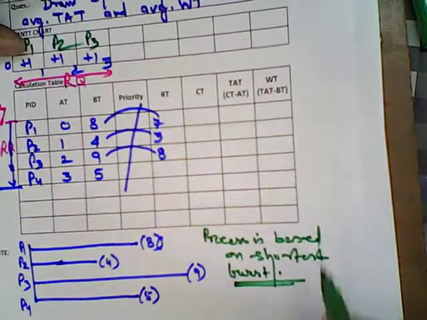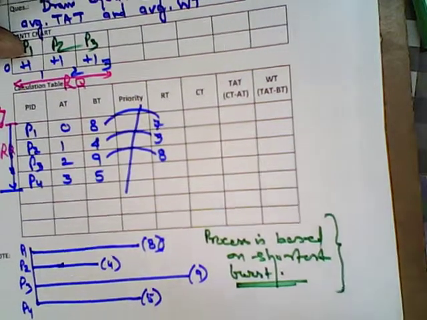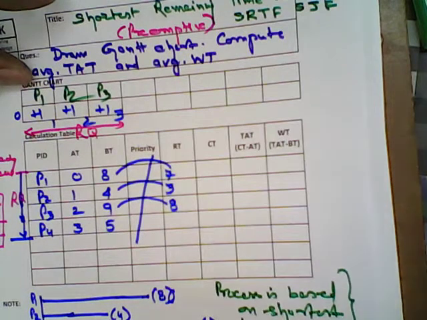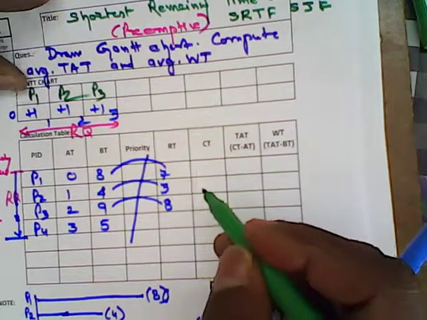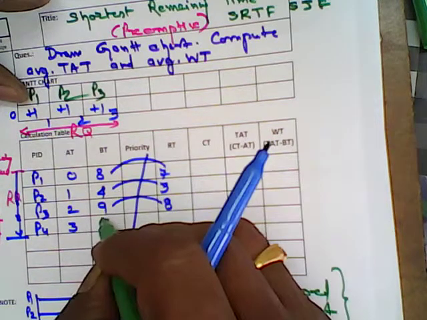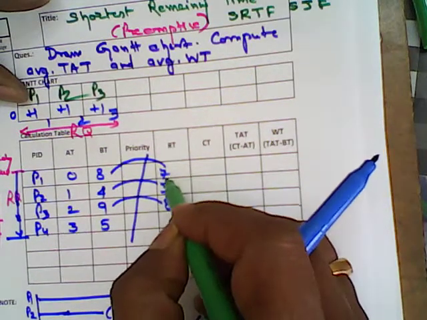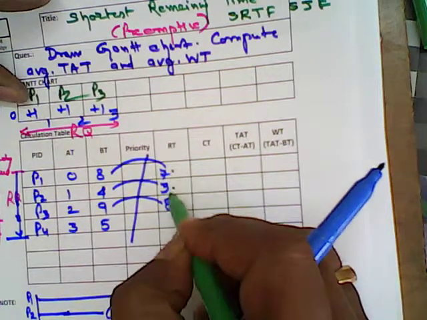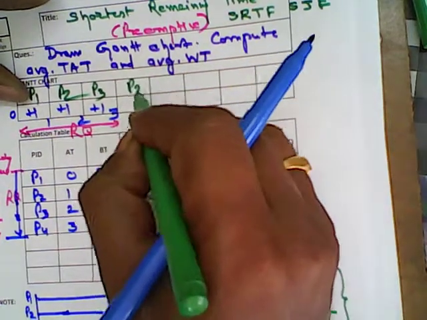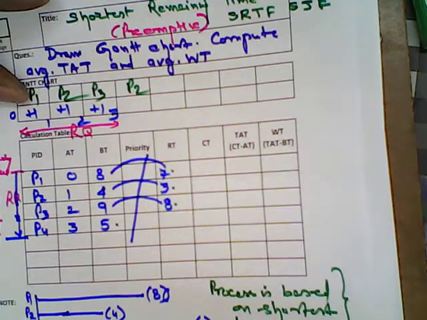Now here we will put, after P3, what comes to the mind is that we normally think about 5, but you see the latest condition is 7, 3, 8 and 5. Among these, P2 is the shortest. So P2 will process for how much time?